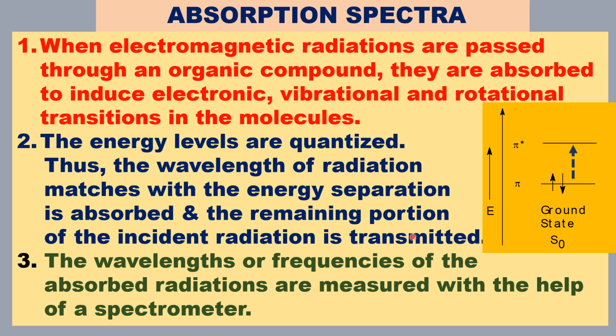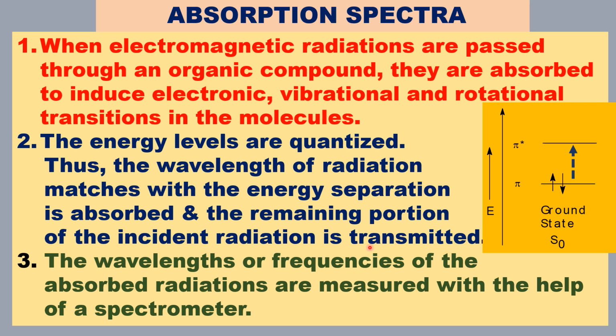So, absorption spectra is due to transition from lower to higher excited energy state. It occurs due to electron jumps from lower level to excited level. Next, how do you record the absorption spectra?